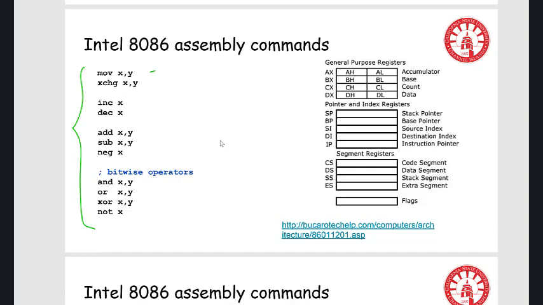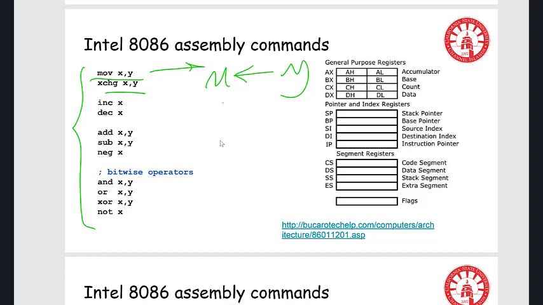The first command is the move command, move X Y, meaning that you take the content of register Y and put it into register X. X is the destination register and Y is the source register. Then you have exchange X Y, which means that you exchange the content of register X with register Y.